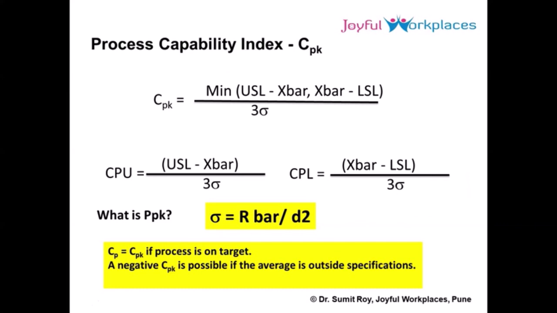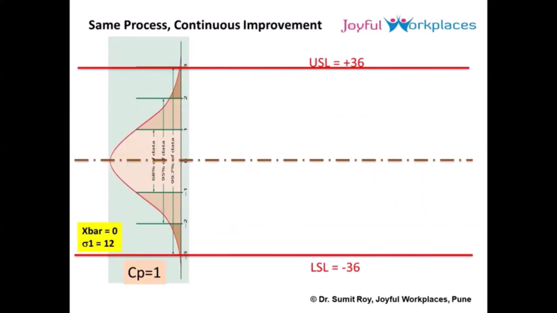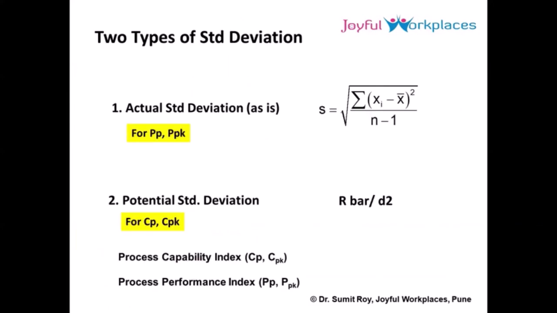Now, many people ask, what are PP and PPK? For PP and PPK, all the formulas are the same. CP can be replaced by PP if you are using the standard deviation as calculated by calculator, with no subgrouping, etc. 125 quickly taken samples, one after another, or maybe alternate samples, depending on the time span.